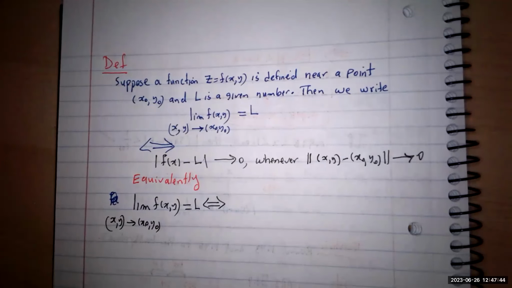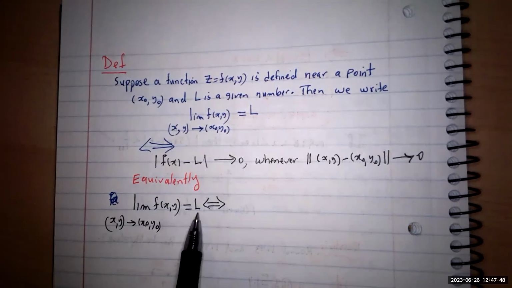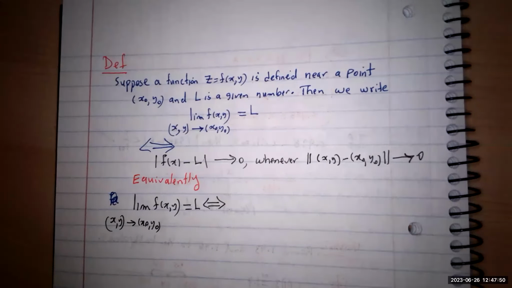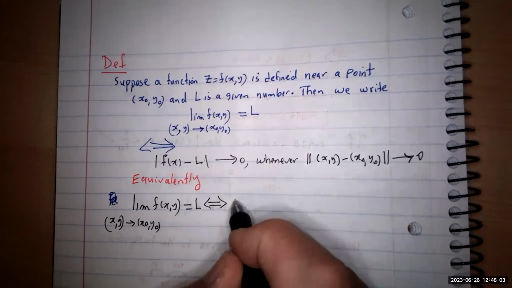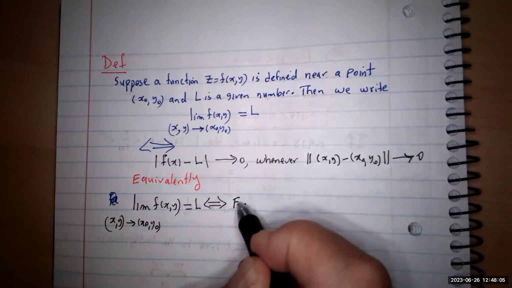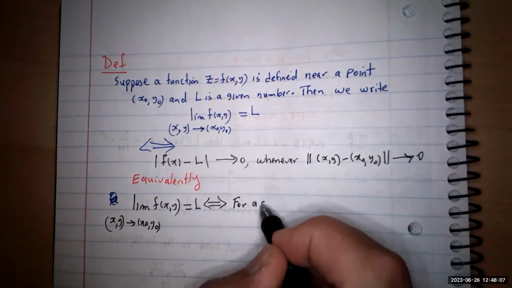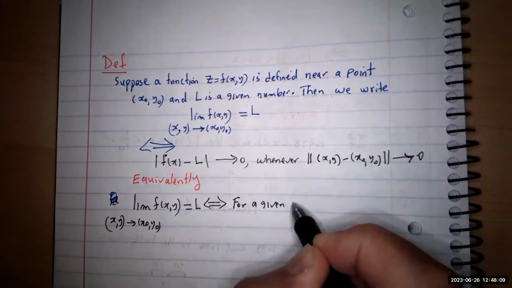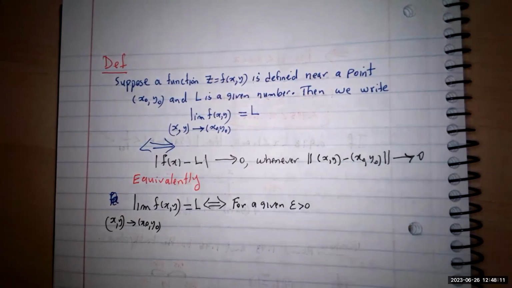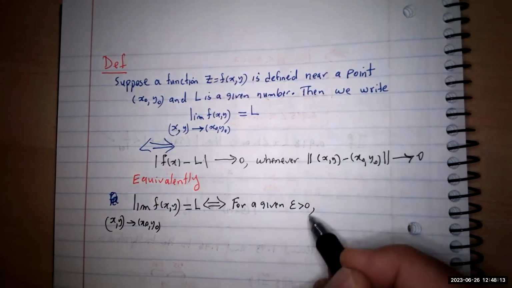I can make f of x, y as close as I wish to L by forcing x and y to be as close to x0 and y0, sufficiently close as I need. So it's the same thing. So if and only if for a given percentage of error, a positive number epsilon, that's the estimation that you do.